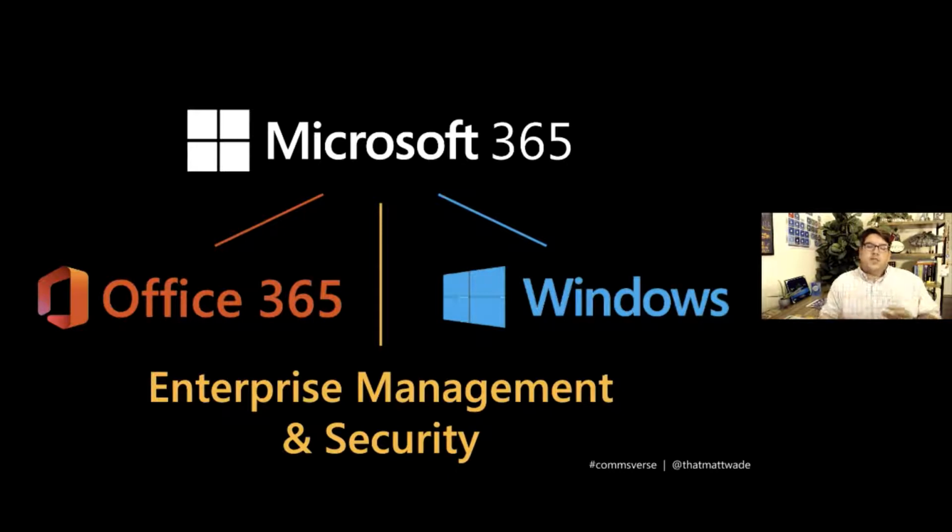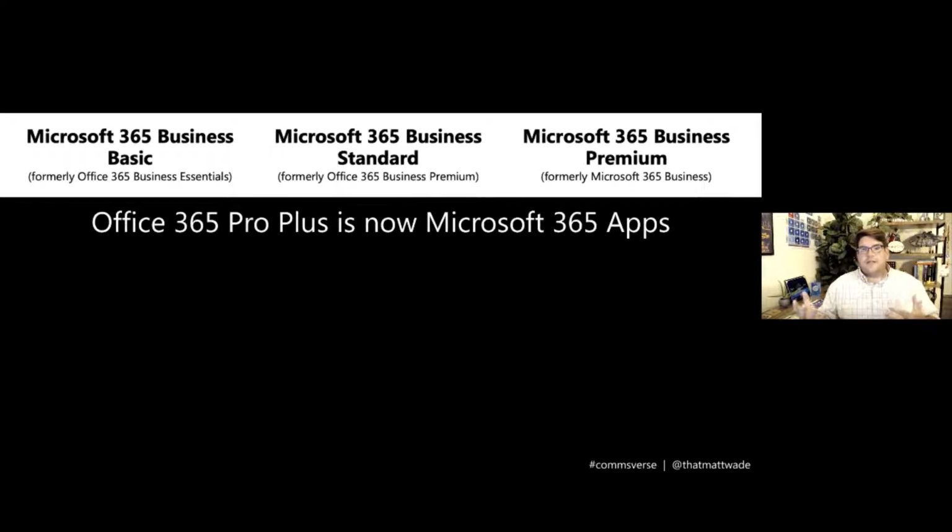Since then, we've had some changes. A few months ago, Microsoft 365 changed its concept, especially on the consumer side of things. The home version of Office 365 basically became Microsoft 365, and so did the business versions of that.